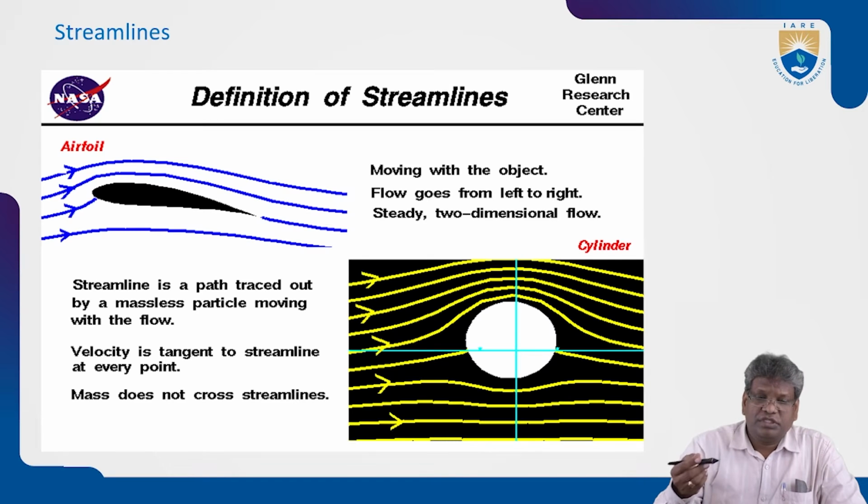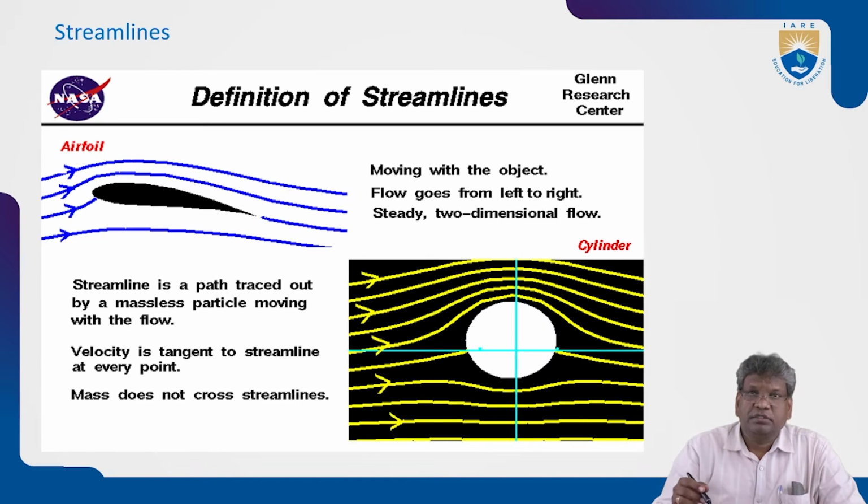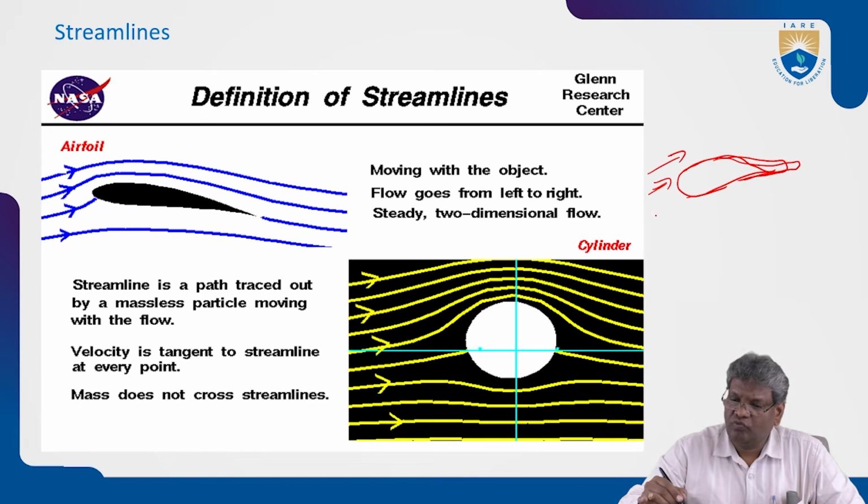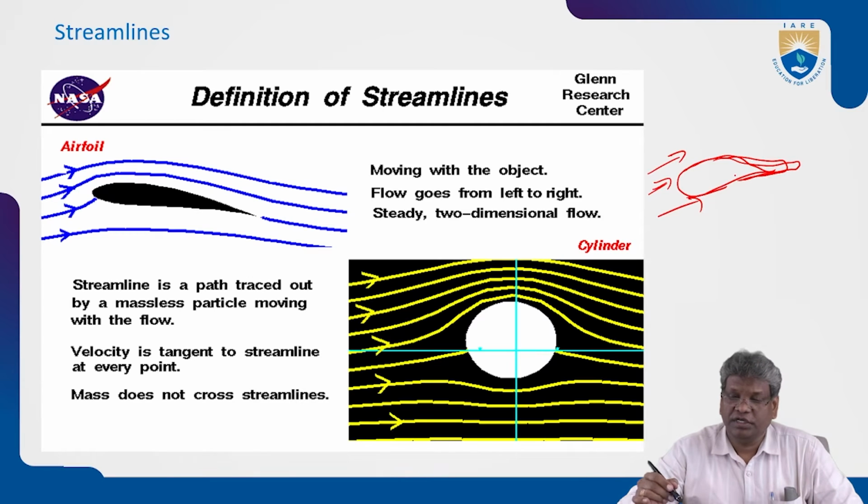The photos are taken from NASA. Here is how the streamline can be defined. If it is an aerofoil structure, when the air is blown over the aerofoil structure, these are in the form of streamlines.